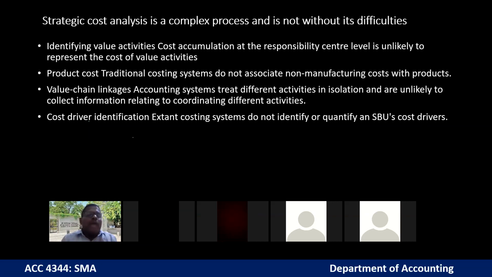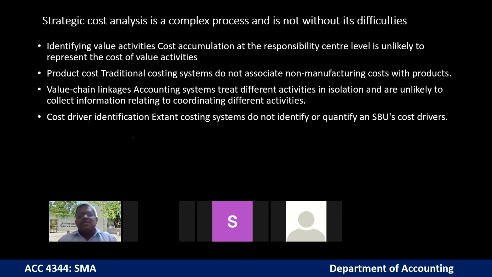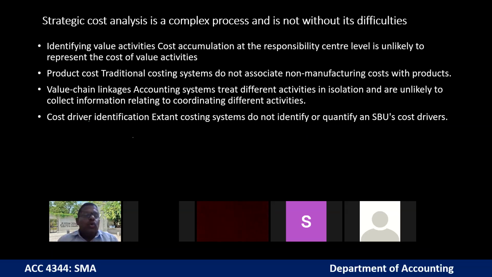The third one is that value chain linkage accounting systems treat different activities in isolation and are unlikely to collect information related to coordinating different activities. Cost driver identification: external costing systems do not identify and quantify SBU cost drivers. So those are the challenges and difficulties of strategic cost analysis.